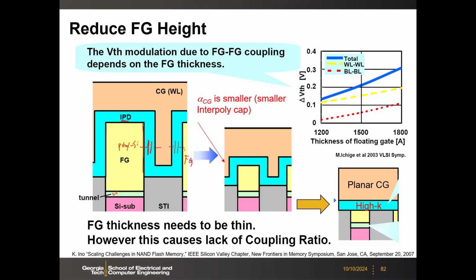So the general trend, if you want to mitigate the coupling, is to make this floating gate height smaller and smaller, and eventually this will migrate to this planar structure. Okay. So then your floating gates will have minimal overlap.